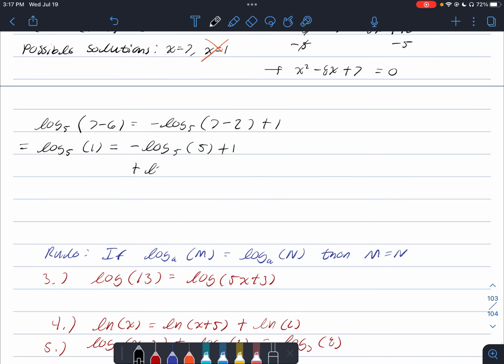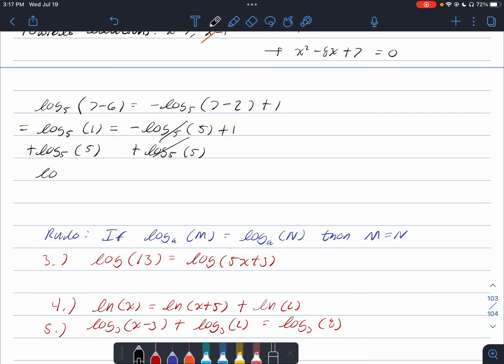So let's add log base 5 to both sides. So we have log base 5 of 1 plus log base 5 of 5 is equal to 1.